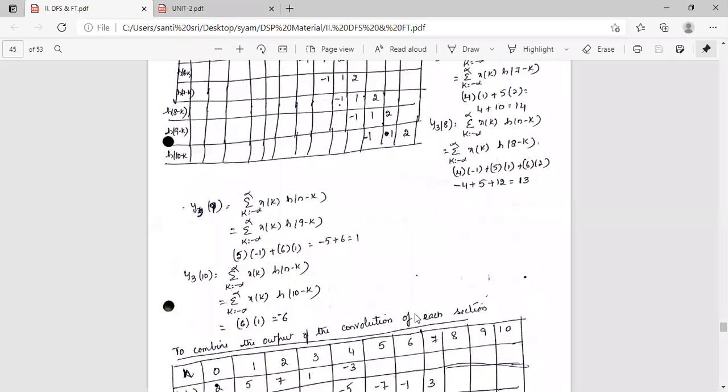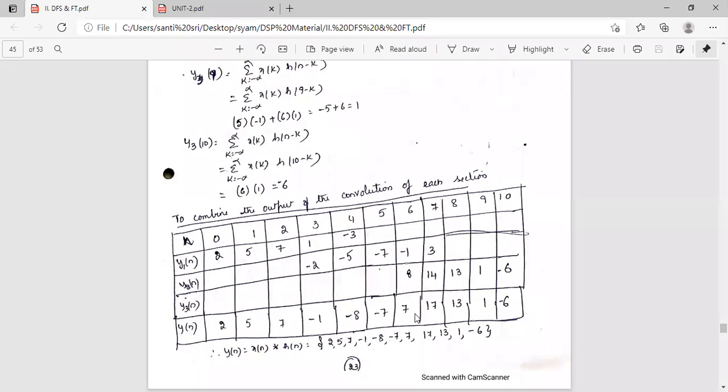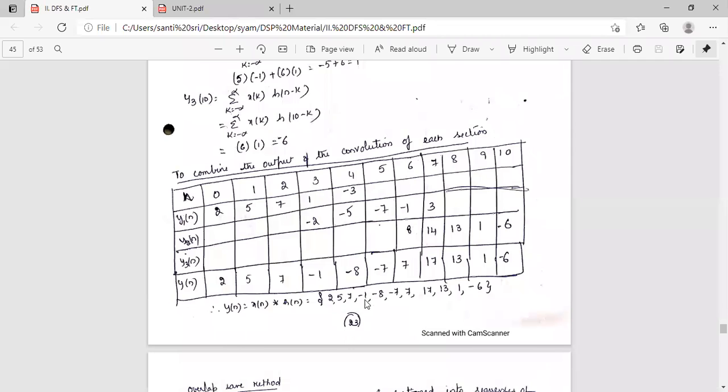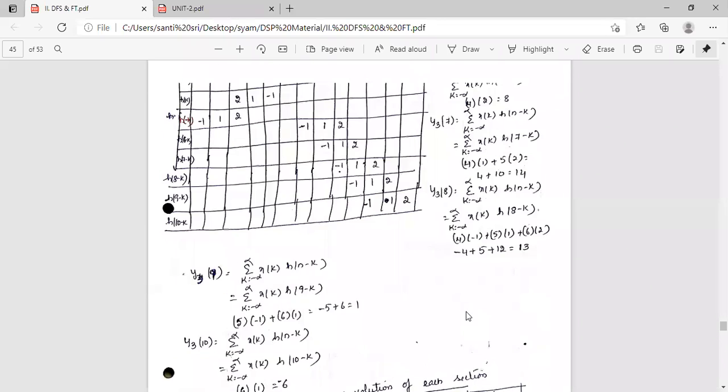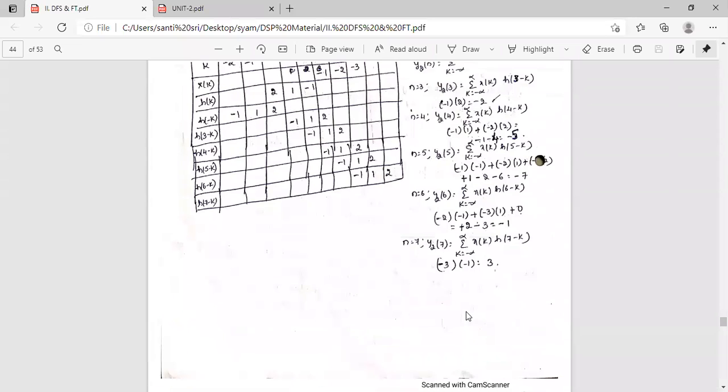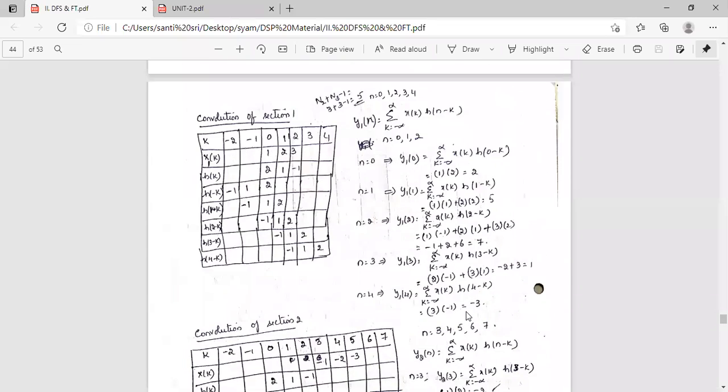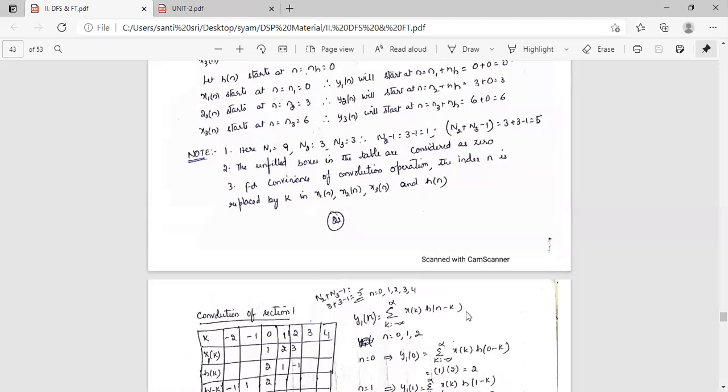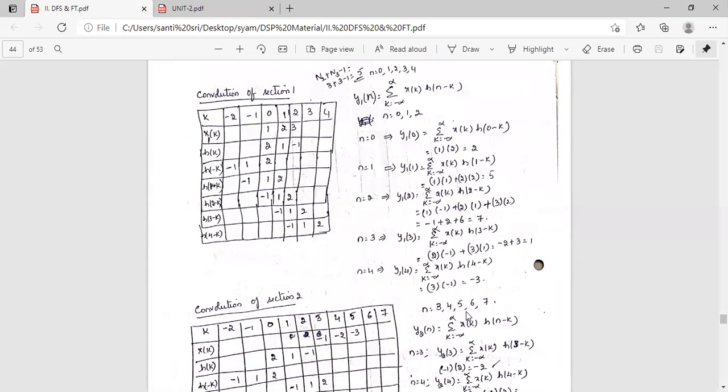This is the same as the previous one. So we'll get the samples like this. Simply solving by each section, we can get the values.